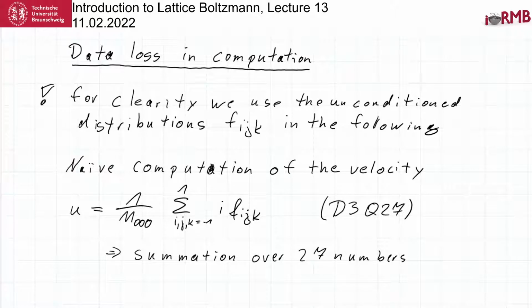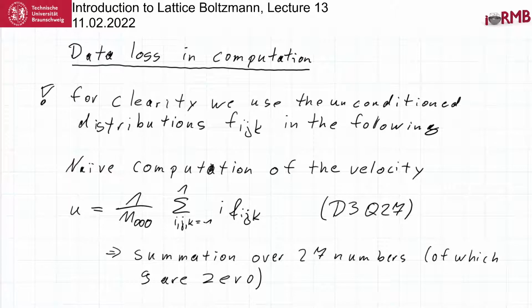And the second thing is that of these 27 summations, actually 9 are 0 anyway, and so you would rather skip them than simply add zeros.